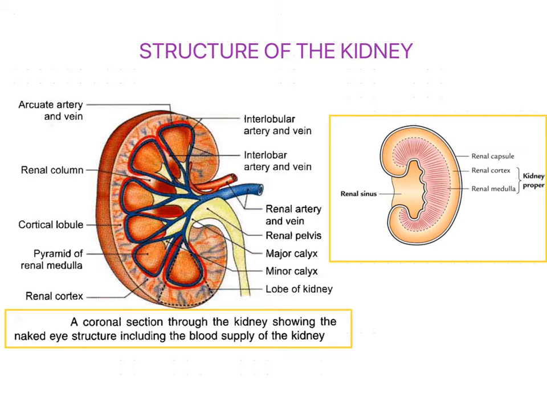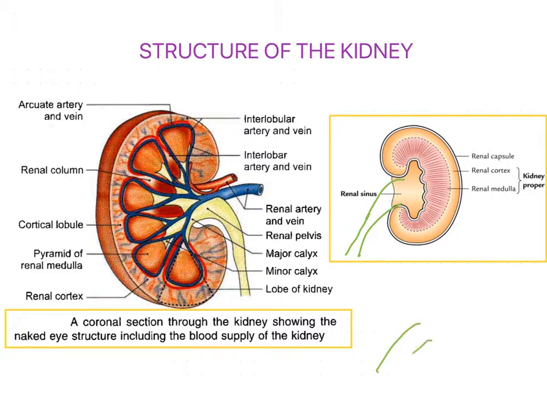Now we will draw it like this. This is the expanded part of the ureter. What happens to this ureter inside the renal sinus? Here I am going to draw in detail.